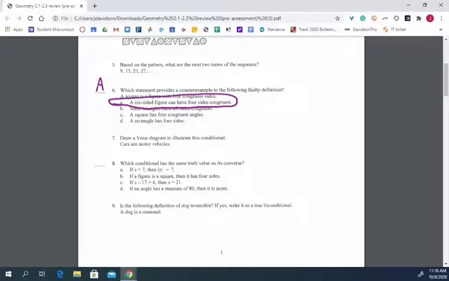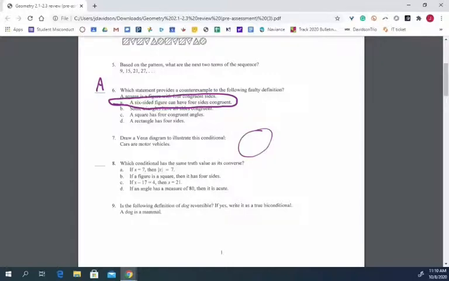Draw a Venn diagram to illustrate this conditional. Cars are motor vehicles. So the Venn diagram is with the circles, right? Typically, we see a Venn diagram with the overlapping circles. That's not quite what we want here. Venn diagrams can be overlapping circles, but it also could be a circle within a circle, which is what we've seen a lot of.